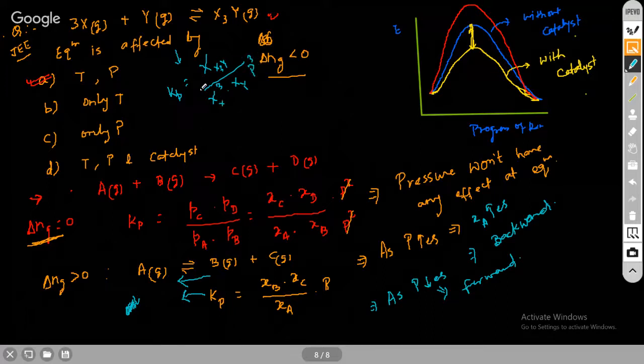So basically this expression is not important. The only thing you have to keep in mind is that the Kp expression involves pressure terms, so obviously the equilibrium is affected by pressure here. So the answer will be temperature and pressure, option A. Like this you can easily write down the expression of Kp, and you can understand whether it is independent of pressure or not.